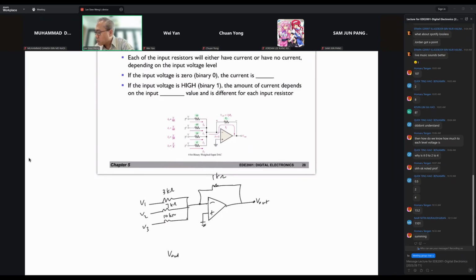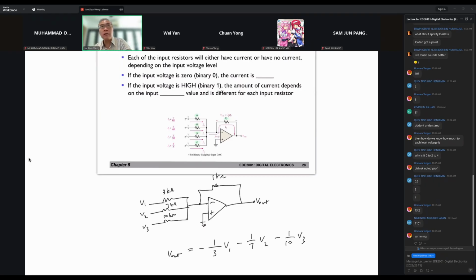The V out is minus 1/3 V1 minus 1/7 V2 minus 1/10 V3. If you remember this, it's an inverter and a summer at the same time. So this is what we call a summing amplifier.